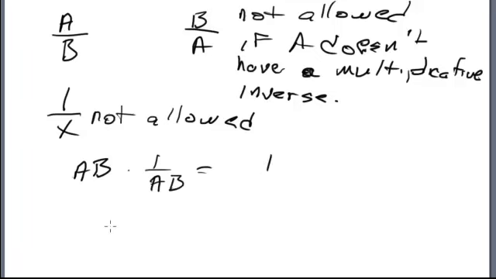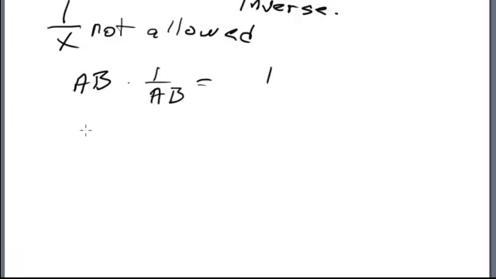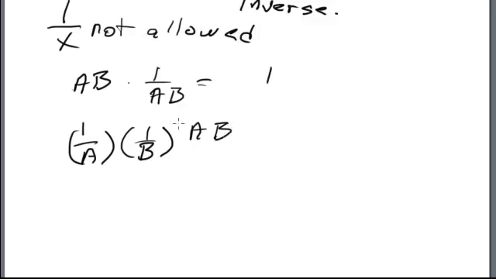And we also know that if I view it from a different way, 1 over A, the multiplicative inverse of A, times the multiplicative inverse of B, we're not sure that's the same as the multiplicative inverse of A times B. Let's see what we get when we do this. We can use commutativity and then associativity.